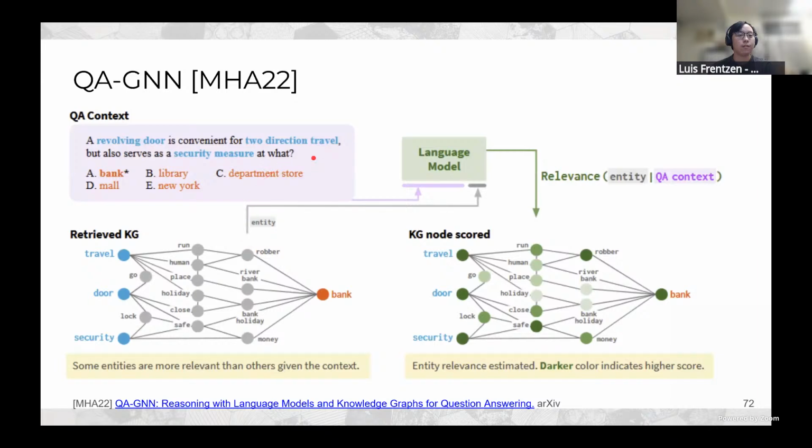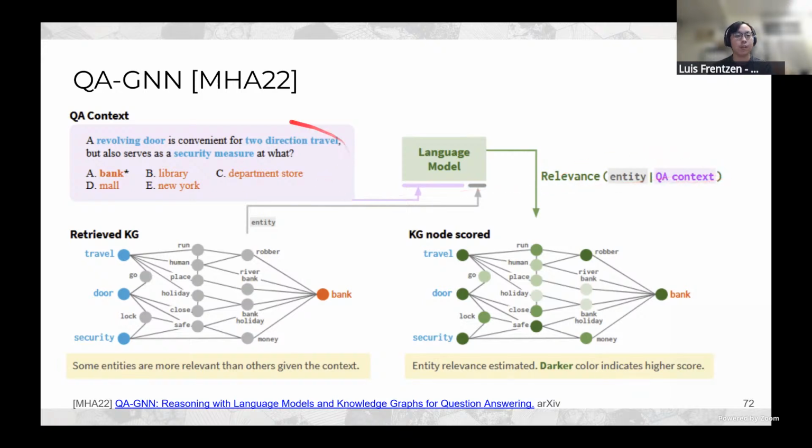First, this is an example from QAGNN, this paper. This paper talks about how you could leverage this concept to help you answer QA questions. Here they first retrieve a KG, and then they prune it further. How they prune it is that they feed that working graph into a language model, and that language model gives you a relevance score based on the QA context.